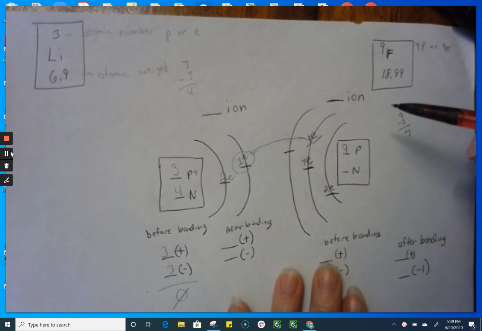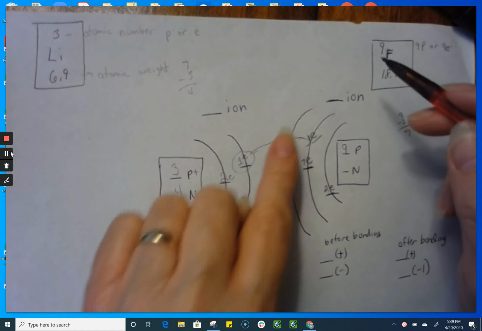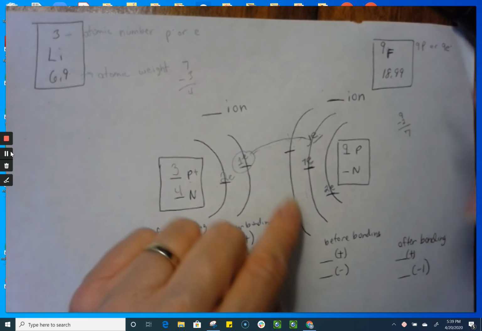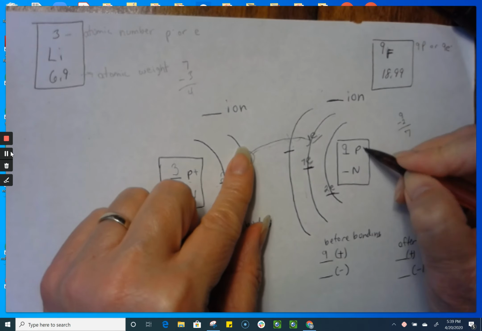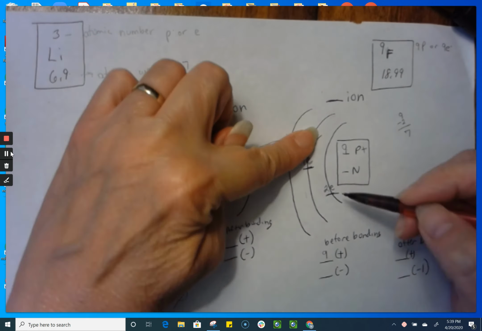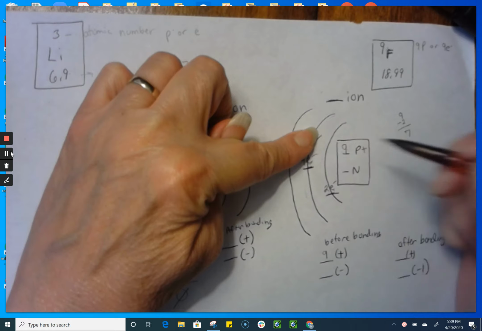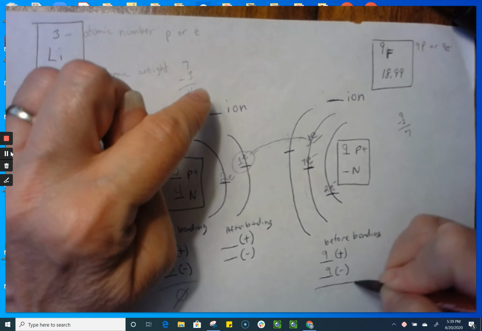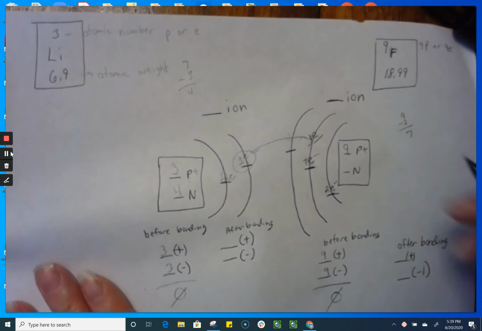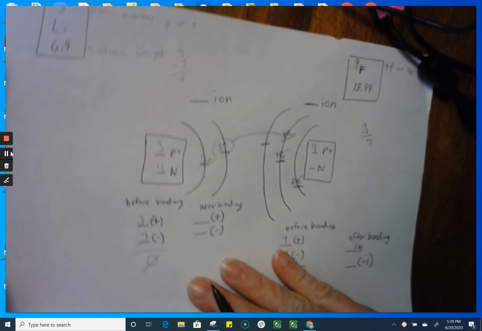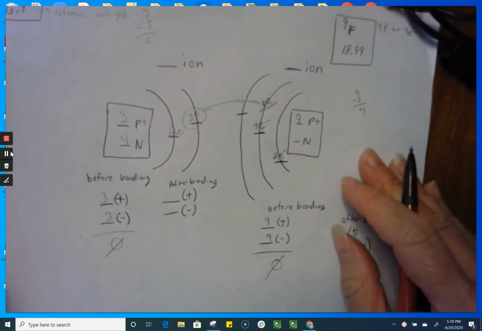Now, prior to it gaining that electron, fluorine had 9 positive charges because it had 9 protons. It had 9 electrons or 9 negative charges. And before it gained that electron, it was neutrally charged. The positive charges canceled out the negative charges.